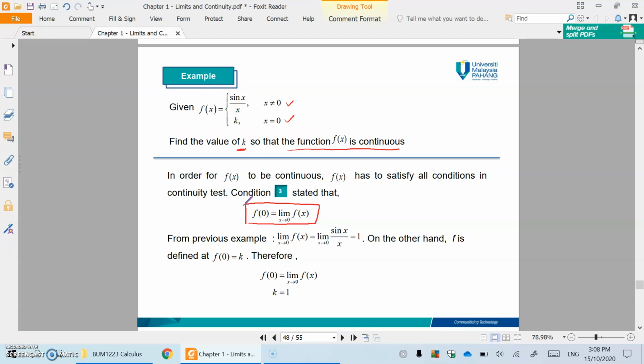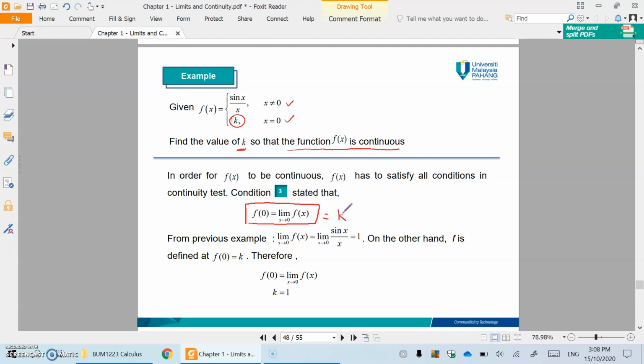So I repeat, when the function is continuous at x equals 0, f(0) equals the limit of f(x) as x approaches 0, meaning both values exist. Directly, f(0) is equal to k. So we have f(0) equals the limit of f(x), which equals k.